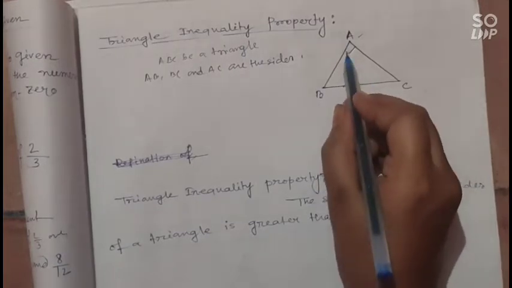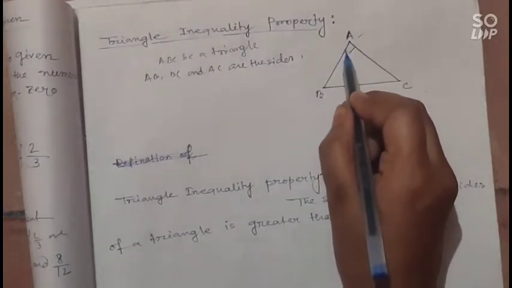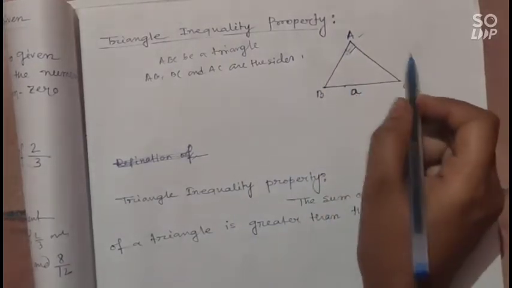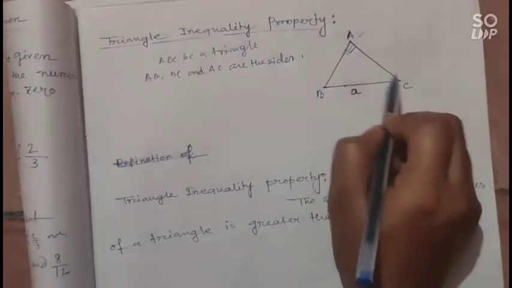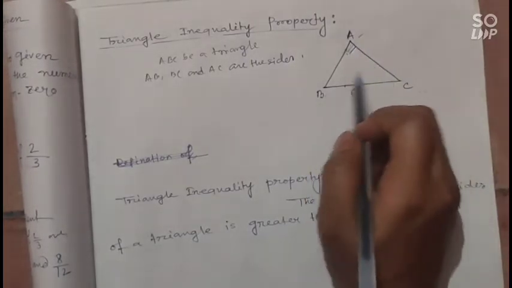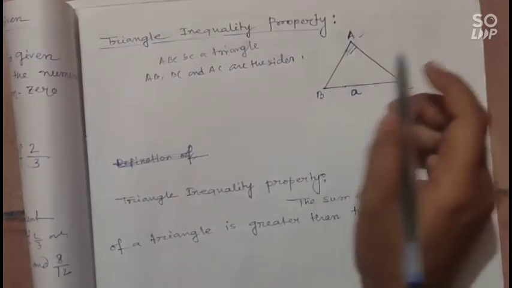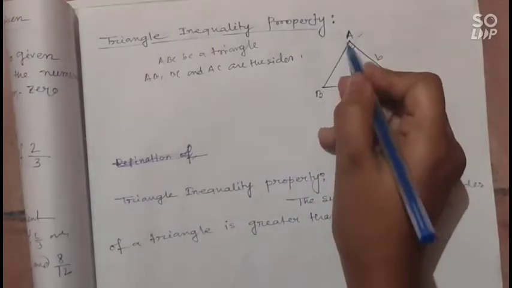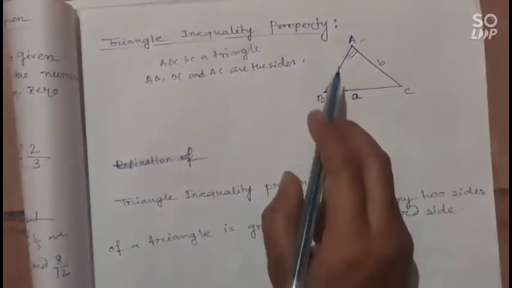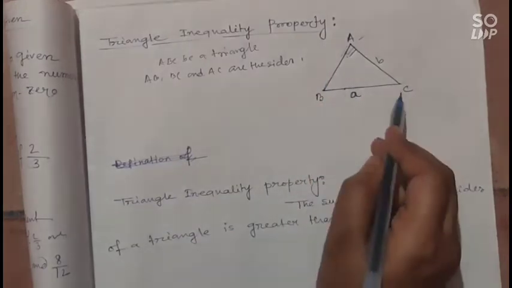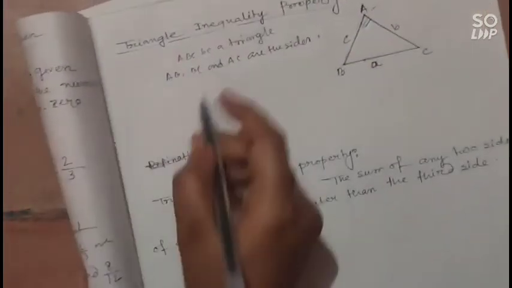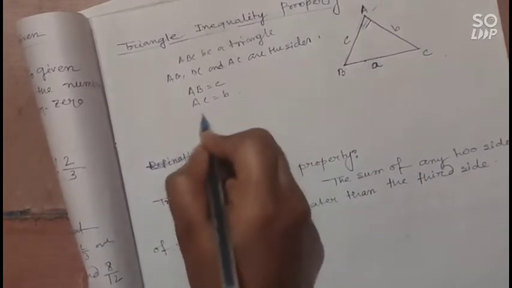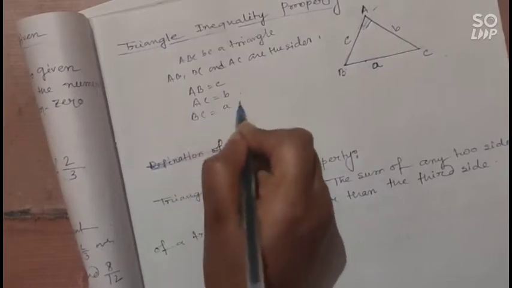Can you tell me how I can denote the side AC? What is the opposite vertex of AC? Capital B, so we denote this side by small b. How can you denote the side AB? We denote the side AB by the small letter c. So AB equals c, AC equals b and BC equals a.